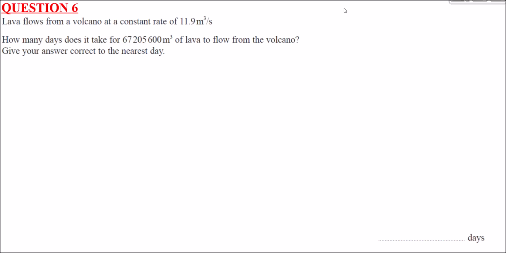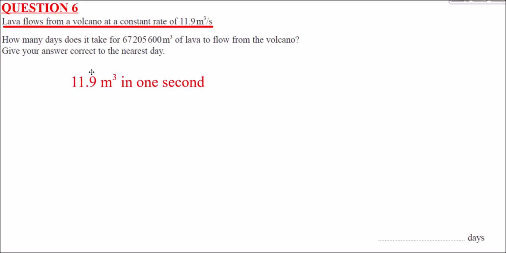So where to begin? Let's just think about what this unit here means. 11.9 cubic meters per second. What this means in more plain English is that 11.9 cubic meters is leaving the volcano in each and every single second. That's what per second means. That amount in 1 second. However, obviously, it's going to be flowing for more than 1 second if it has to emit this much lava.